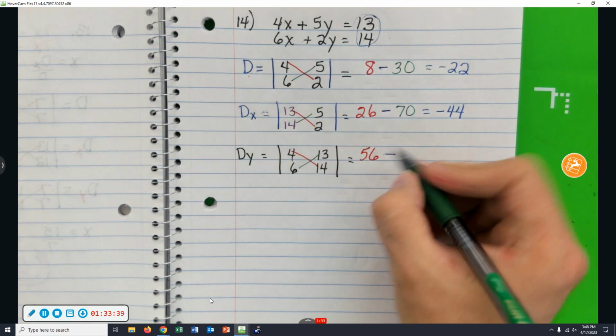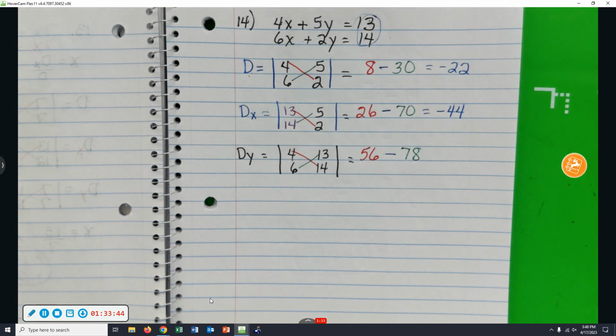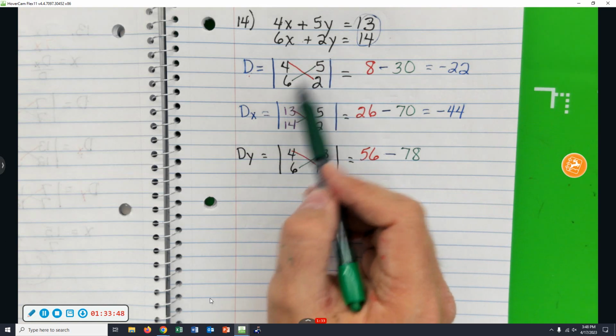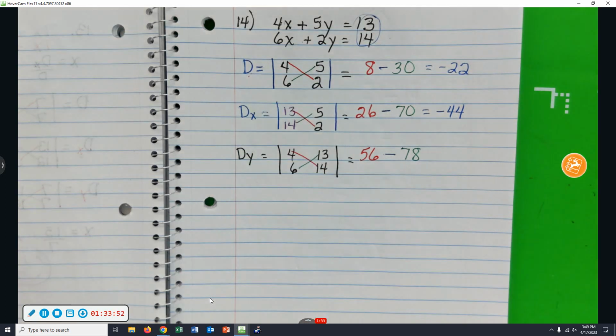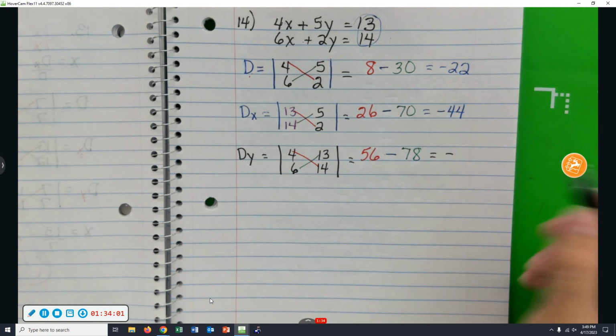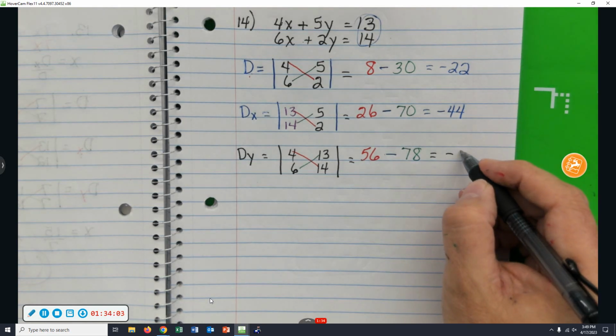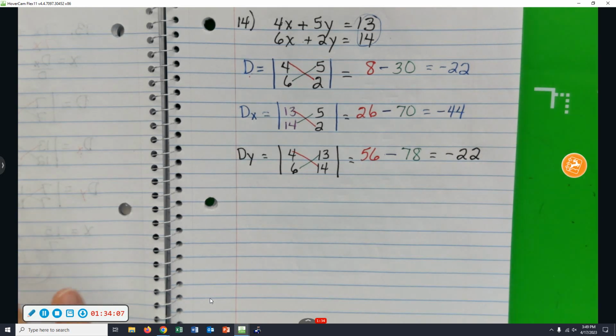Notice that when you're doing that crisscross, make sure you're starting with the first number. If you started up here with 30 first, you're going to get it wrong. 56 minus 78 is negative 22. So I think this one we're not going to have any fractions in our answer.